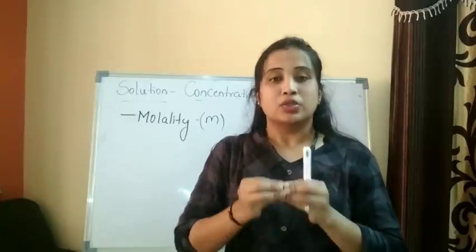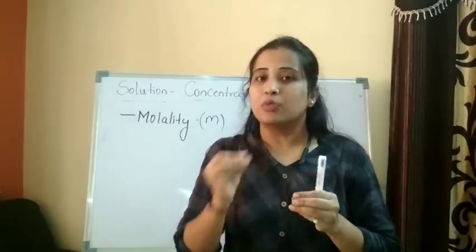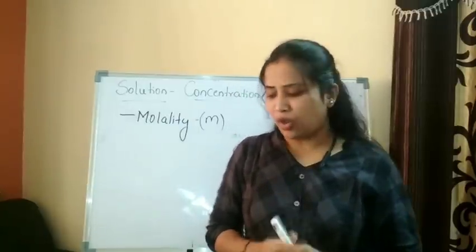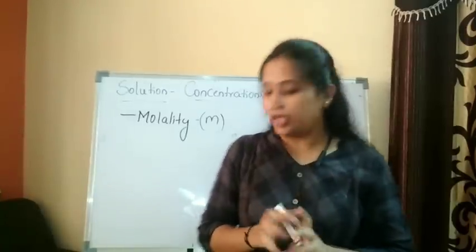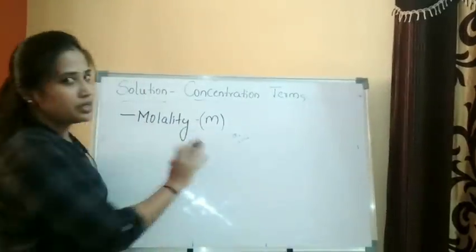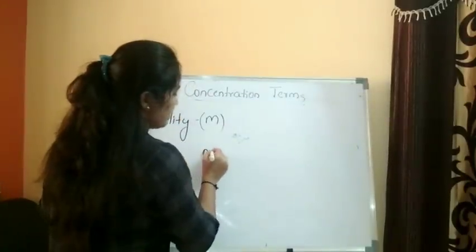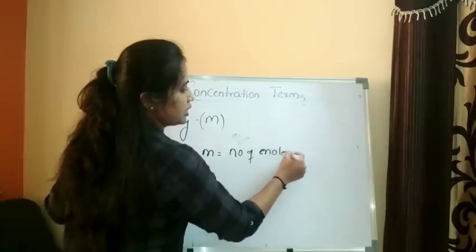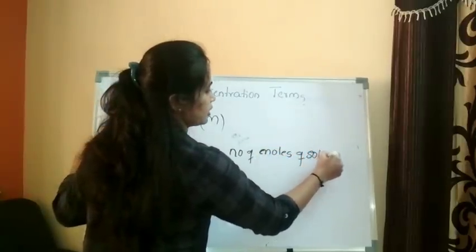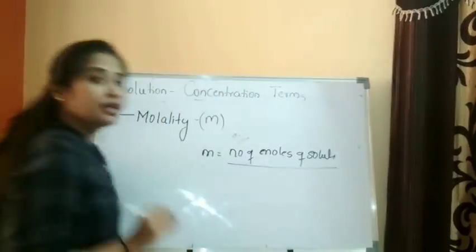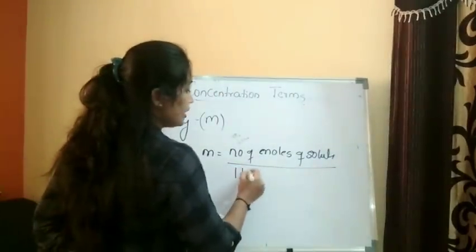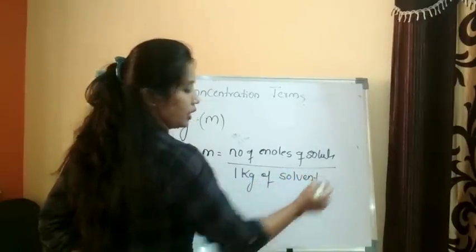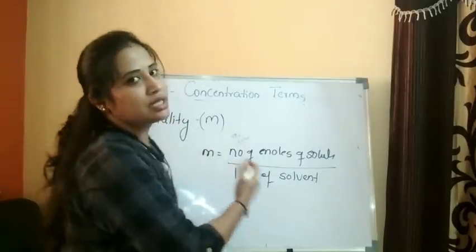So molality is the number of moles of the solute dissolved in 1 kg of the solvent, or we could say 1000 gram. Here I am going to write m is equal to number of moles of the solute dissolved in 1 kg of the solvent, 1000 gram of the solvent.